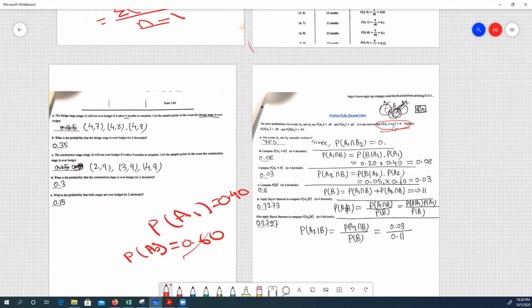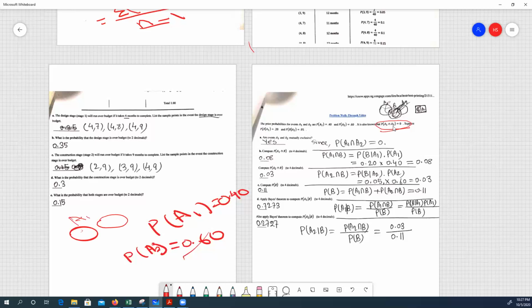So what does it mean? That means the intersection of A1 and A2 does not have any sample point, so they are an empty set. That means they are mutually exclusive, they do not have any common point. If this is A1 and this is A2, then they do not have any common point, right?